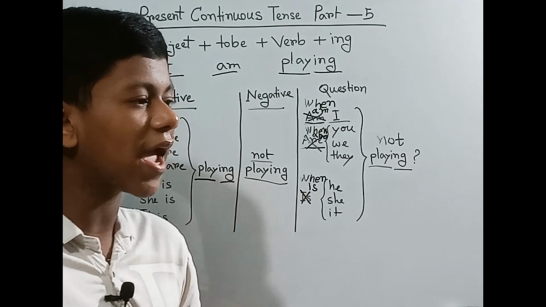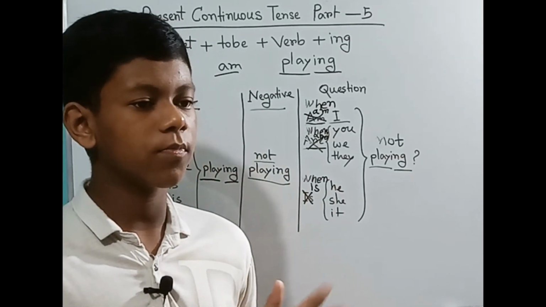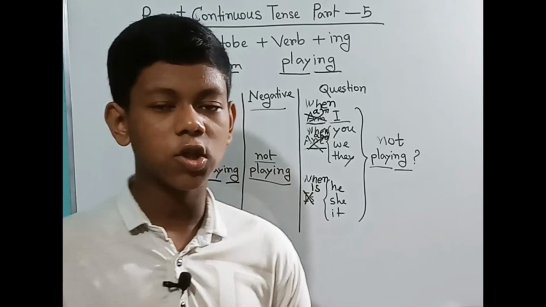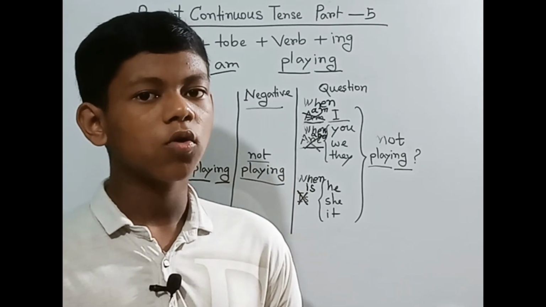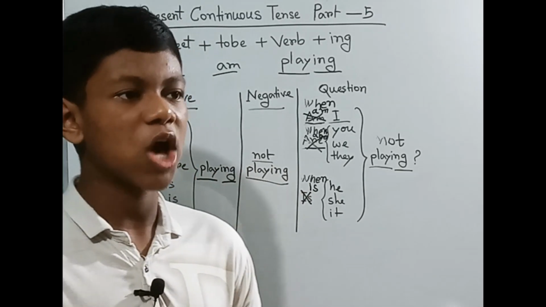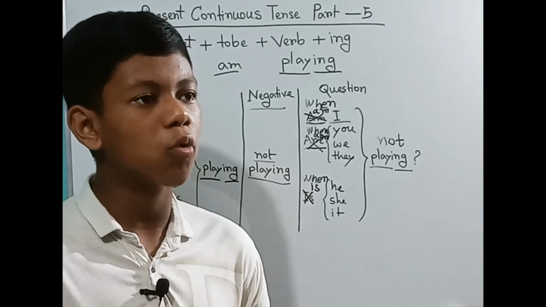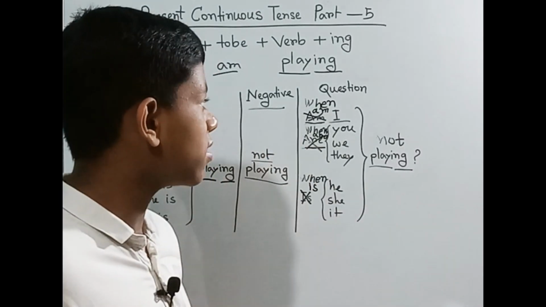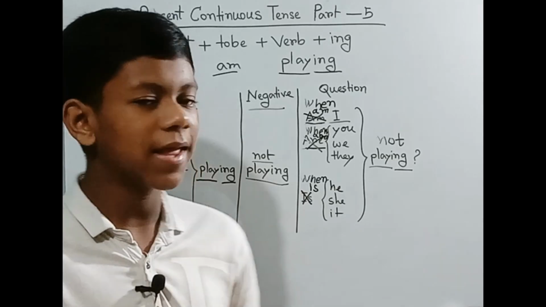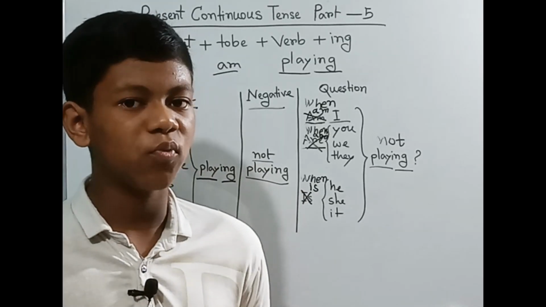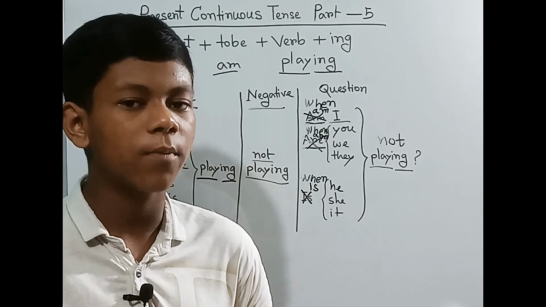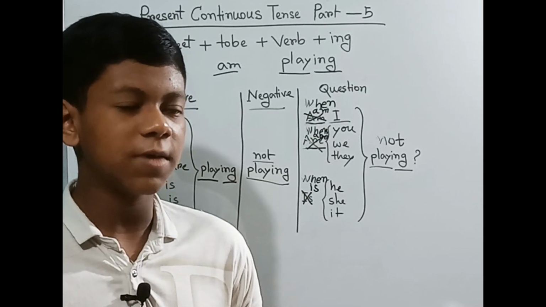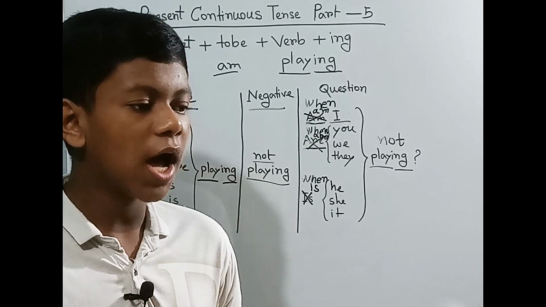Okay, we can use any kinds of WH questions instead of when. For example, we can use what, where, why, how much, how many. We can also use the word how. There are more WH questions. For example, where am I not playing? Where are you not playing? If you want to say this in the negative form, and if you want to say it in the positive form, you can say, for example with why, why am I playing?